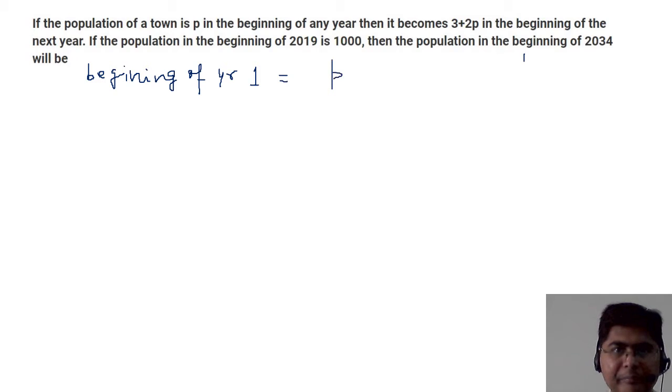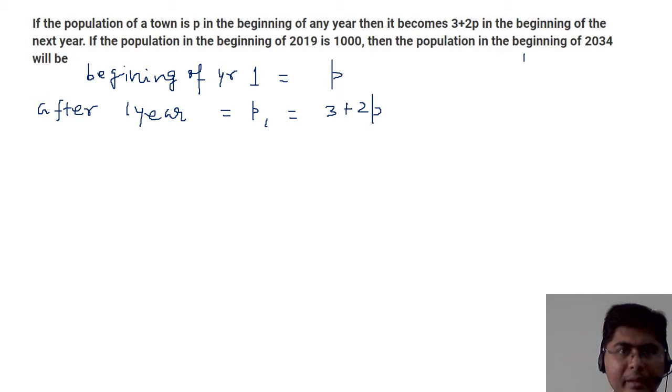That's P. Now after 1 year, what will it become? Let's say P1, which is equal to 3 plus 2P. Now after 2 years, what will it become?